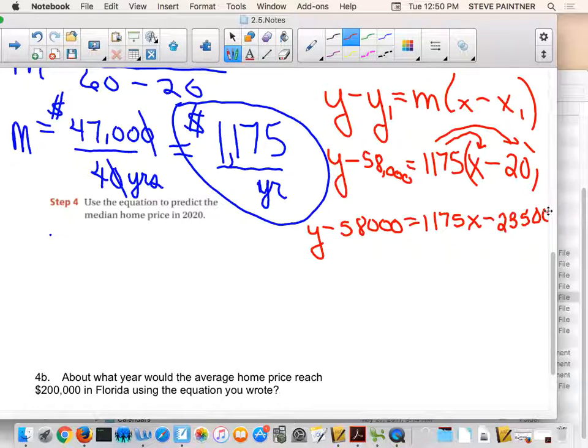And then you slide the 58,000 over. How do you slide it over? Add it. Okay, so you add it here, 58,000.